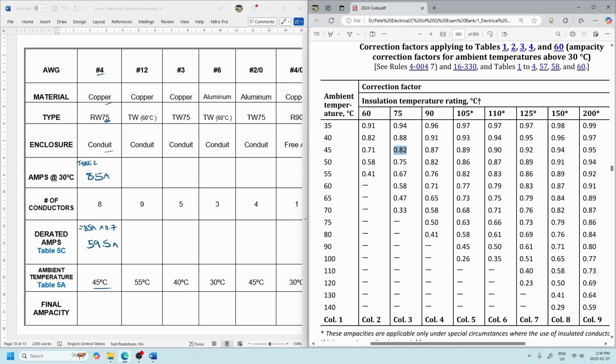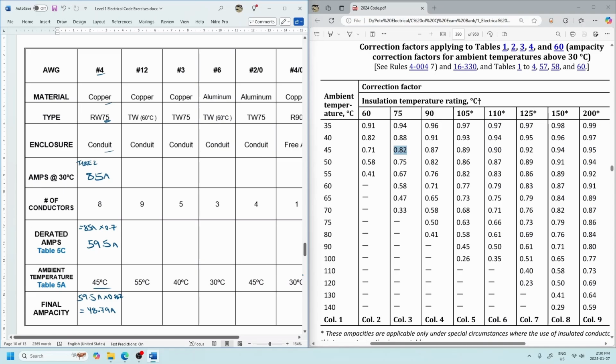So I'm going to take the 59.5 amps that I had above, multiply that by 0.82, and 59.5 times 0.82 gives me 48.79 amps.